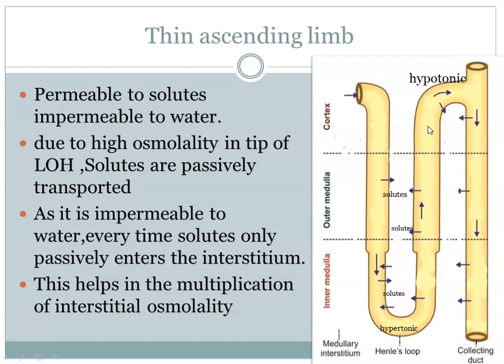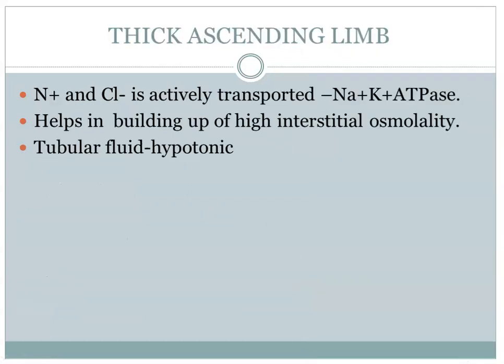When it reaches the distal convoluted tubule, the fluid becomes hypoosmotic. The sodium and chloride actively transported at the thick ascending limb help in building up a higher interstitial osmolality. So the tubular fluid is hypoosmotic.